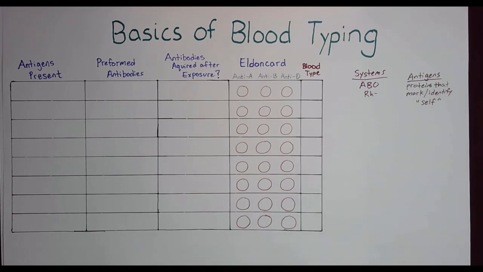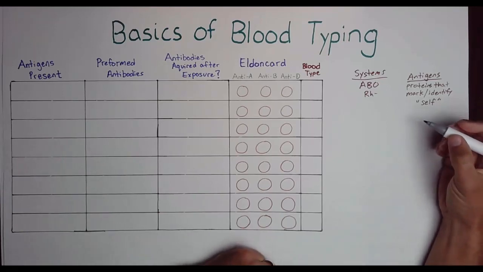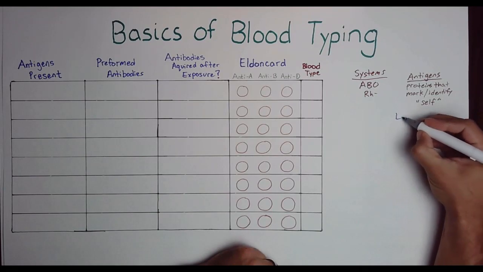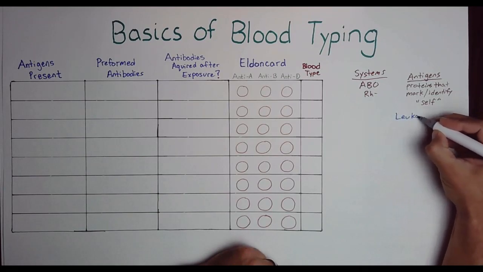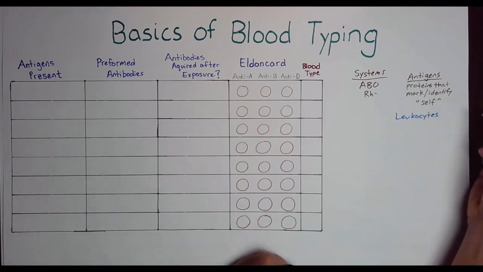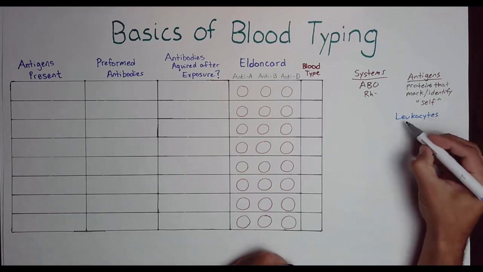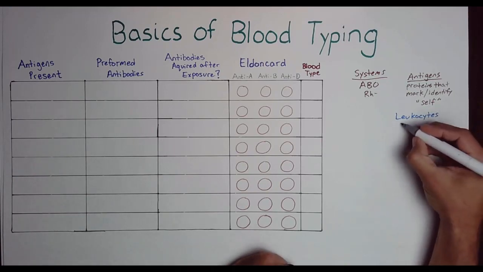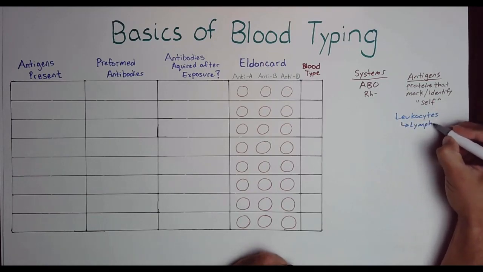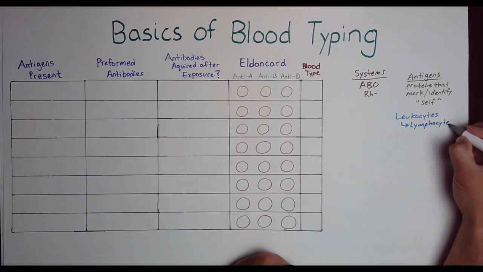What does your body have that's trying to fight the world around us? First, we have white blood cells, called leukocytes. There are 5 major leukocytes, but we're going to focus on one type, the lymphocyte.